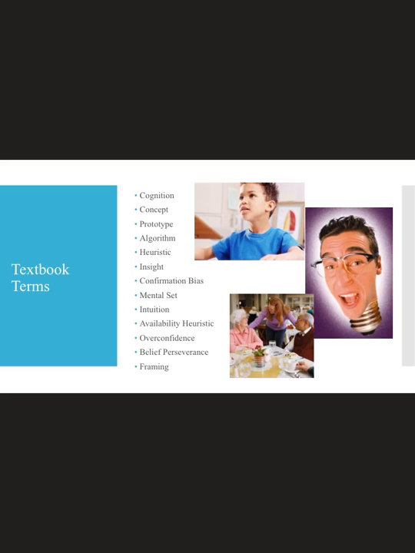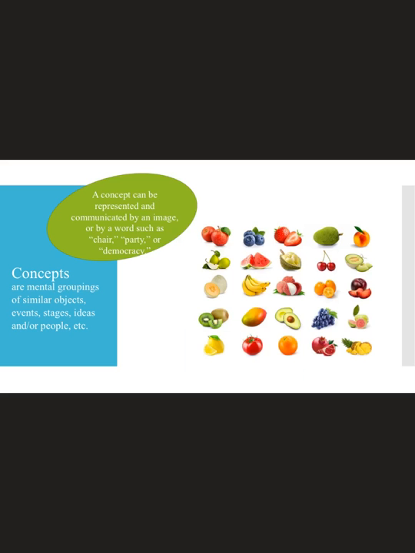So with that, here are some of the ideas that we are going to be covering in this particular lecture. I'll let you take a look. If you want to pause and write those down, you're more than welcome to. The first one we're going to be looking at is concepts.